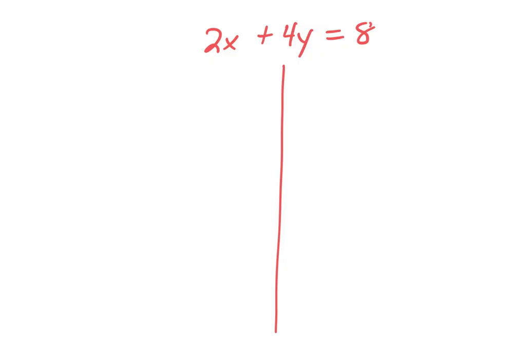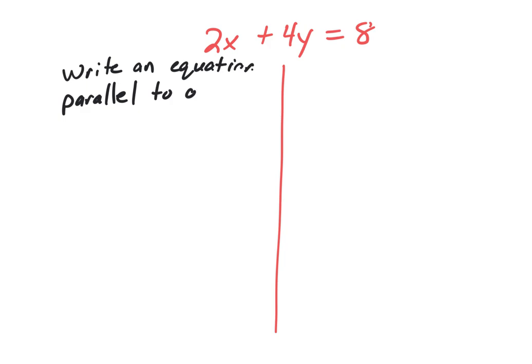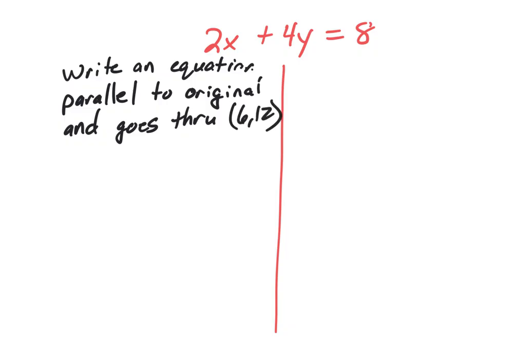The first one is write an equation parallel to the original and goes through some point, 6, 12 in this case.